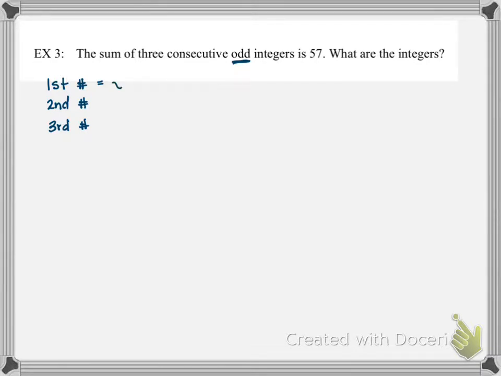So we said x, and then I think everybody had this, so I'll do it really quick. Then x plus 2 and x plus 4. So then when we add all those together, we get 57.